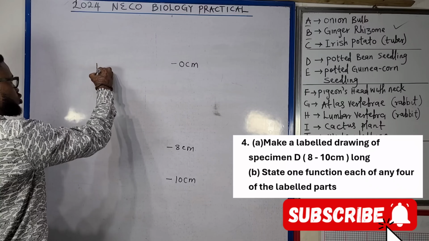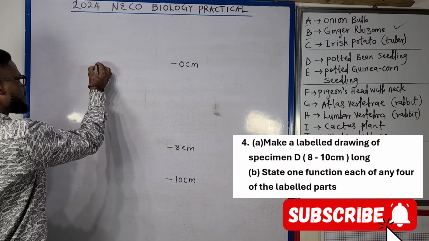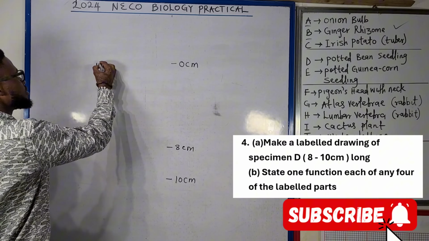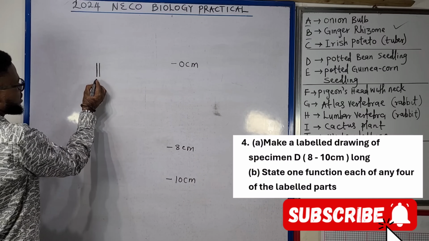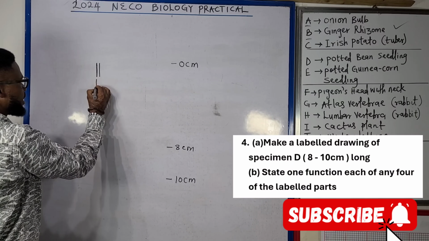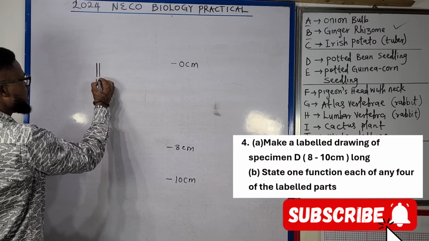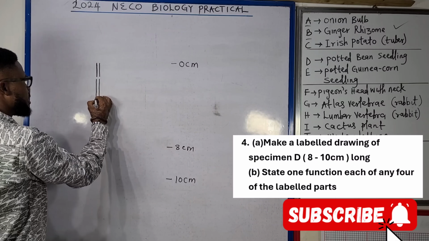Just in case we were told to draw, I'm going to have this line, then I'm going to have this line. Then I'm going to create a space so that I can use that for my foliage leaves. And then I'm going to have this line as well, going on.